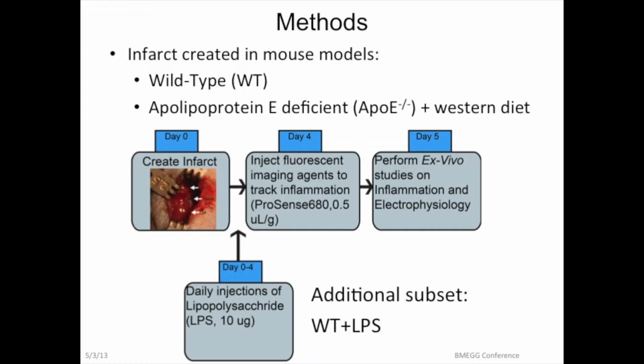On day 5, we sacrifice the animal, rapidly excise the heart, and perform ex vivo studies looking at inflammation and electrophysiology. Additionally, we have a subset of wild-type animals that receive daily injections after infarct, up until the day of sacrifice, of lipopolysaccharide, which classically activates the inflammatory response.